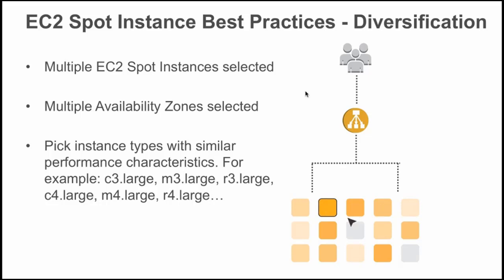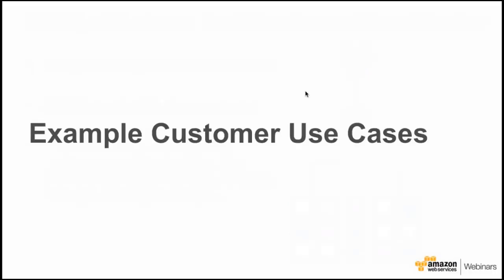So in this case, we're choosing C3 large, M3 large, R3 large, C4 large, etc. All of these will perform very similar from a web application perspective, and again, you're spreading your load across multiple instance types and therefore multiple capacity pools and multiple spot markets this way.